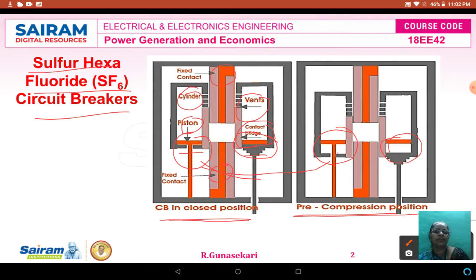This is the difference between the closed position and the pre-compression position of the sulfur hexafluoride. In the next slides we will study in detail the working function of the sulfur hexafluoride circuit breaker, and then its advantages and disadvantages.